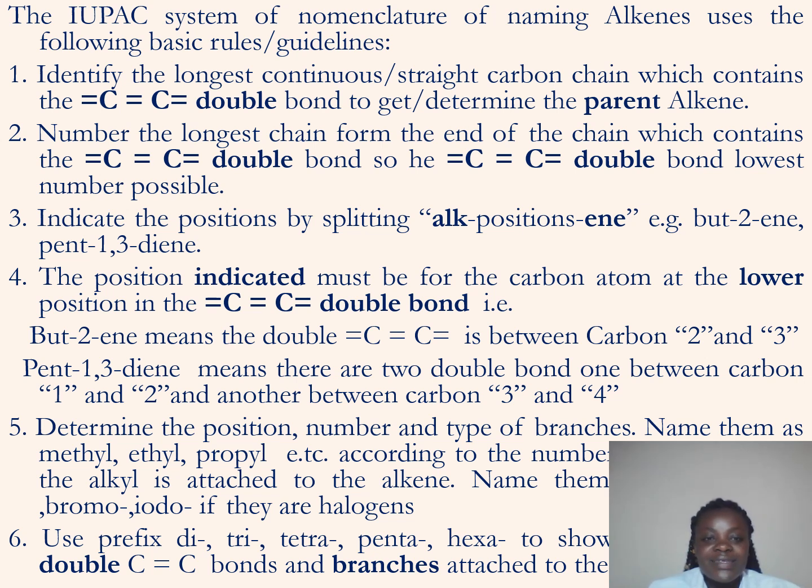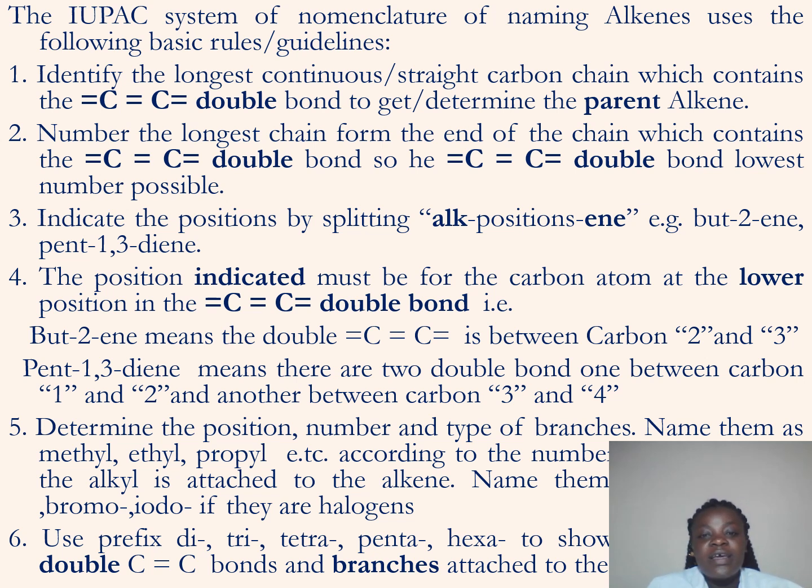So the longest carbon chain must include the carbon-carbon double bond. Even if you find the longest chain and find that your double bond is in the branch, that is not the longest carbon chain. The longest carbon chain must contain the carbon-carbon double bond.